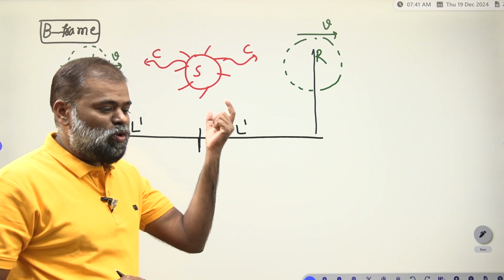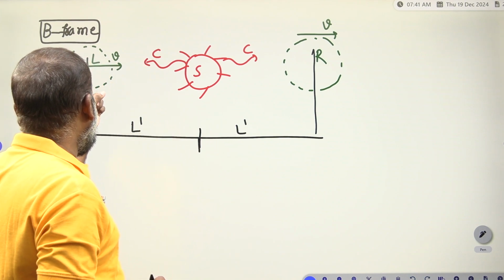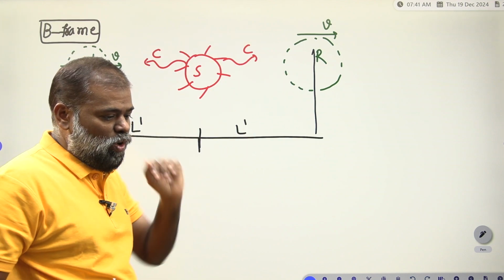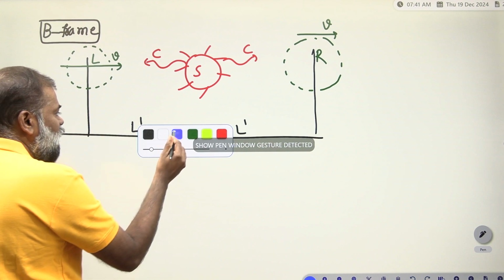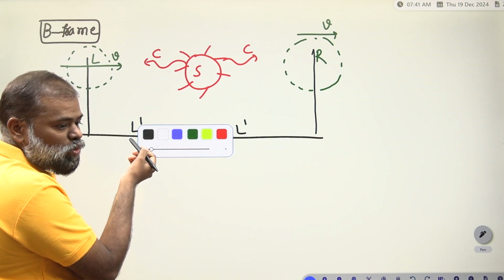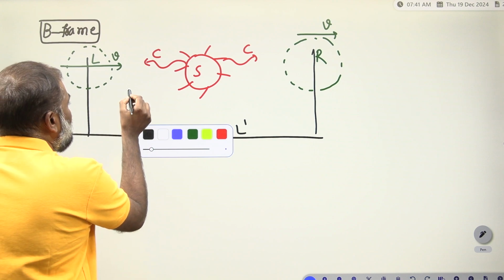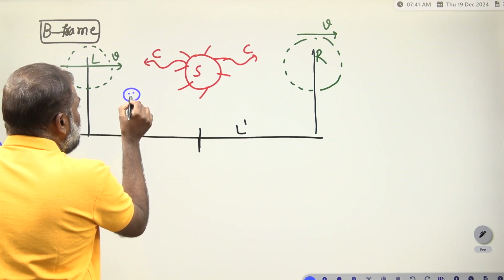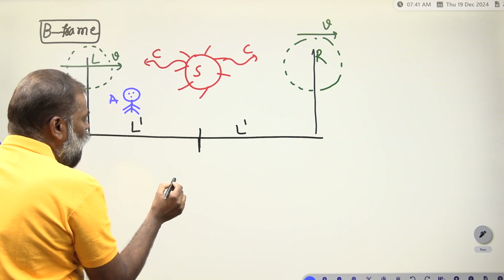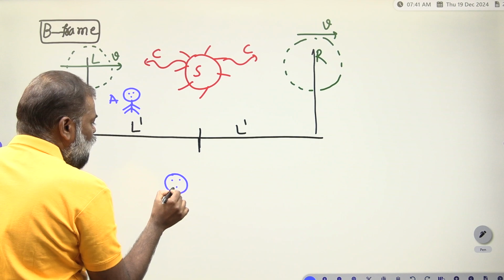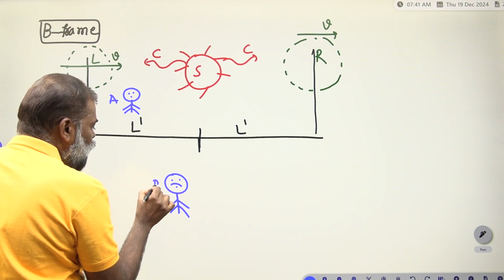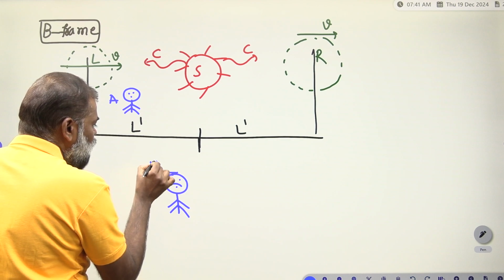The right side is moving with velocity v, and the left side also is moving with velocity v only. Now, this is the A person, sitting here, right. Now you have to see the B person, who is moving with velocity v, right.